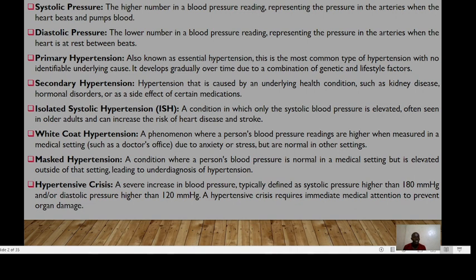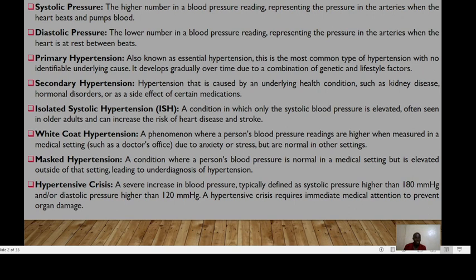Isolated systolic hypertension, abbreviated as ISH, is a condition in which only the systolic blood pressure is elevated, often seen in older adults, and can increase the risk of heart disease and stroke.